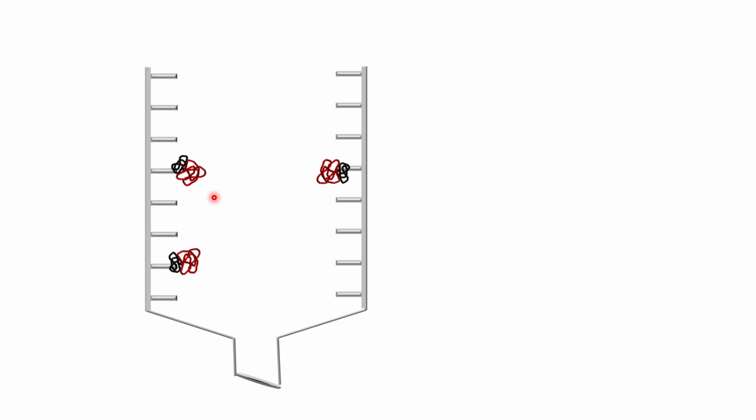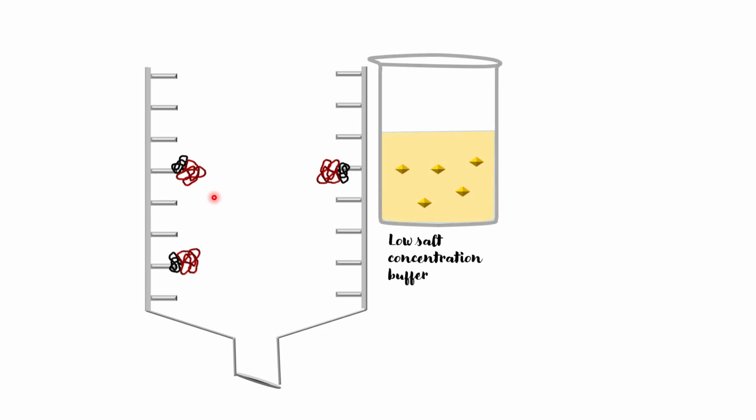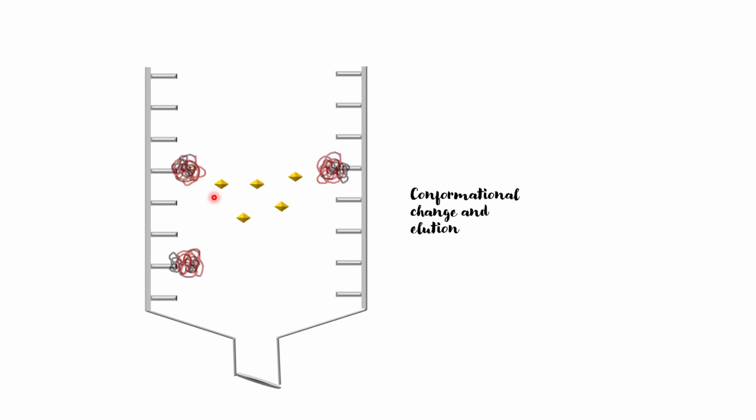Now we want to elute it, because there is an interaction between the column and our molecule of interest. What we do is use a low salt concentration but with a higher aqueous concentration. When we pour that buffer into the column, because there is a high aqueous concentration, the protein molecule gets into its native conformation and thus is released.